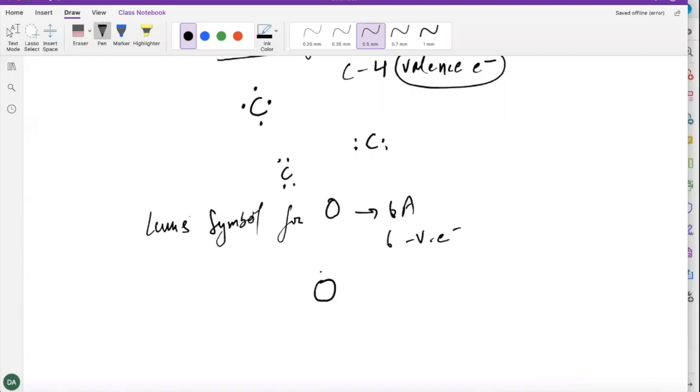So I draw 6. How do I draw 6, guys? You can draw it any way you want, like 1, 2, 3, 4, 5, and 6. You can draw it any way you want, but this is one of the acceptable Lewis symbols, okay?